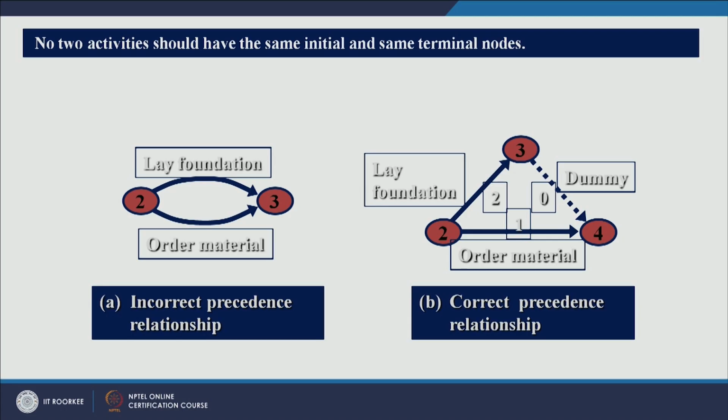So this is an incorrect precedence relationship. To correct it, you just add one dummy activity like this. The dummy activity 3 4 is represented by a dotted line and its duration is 0, and for the other two activities the durations remain the same: for order material it is 1 minute, and for lay foundation 1 minute or 1 month or 1 year.